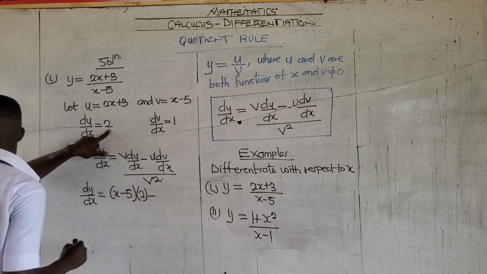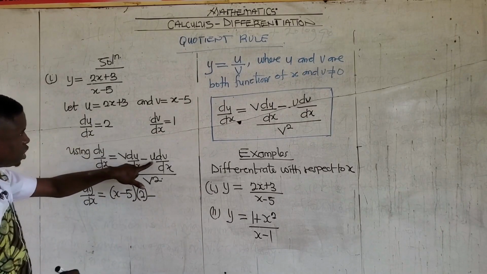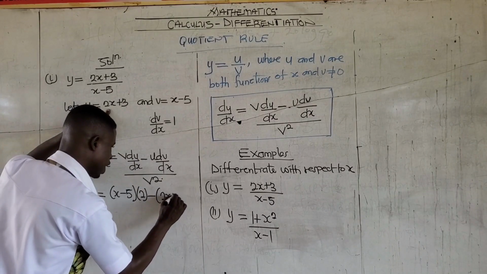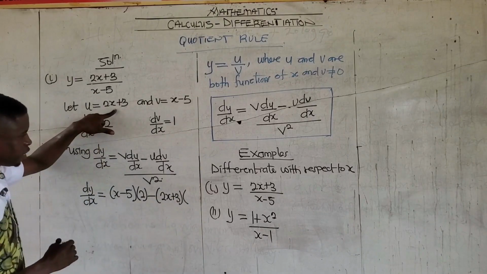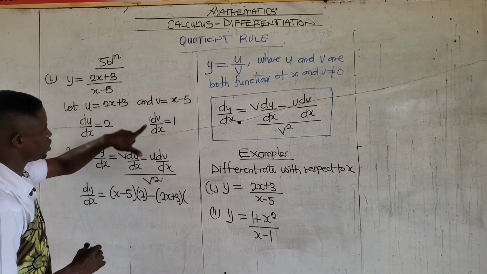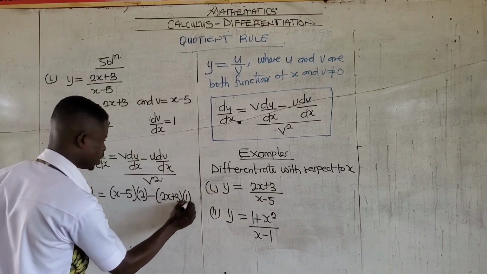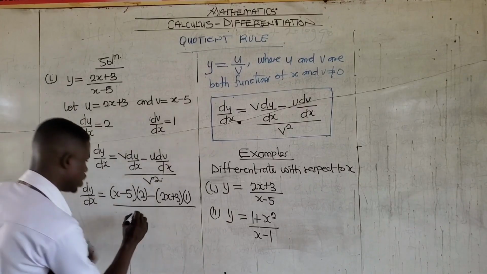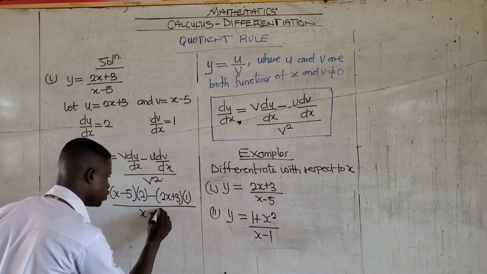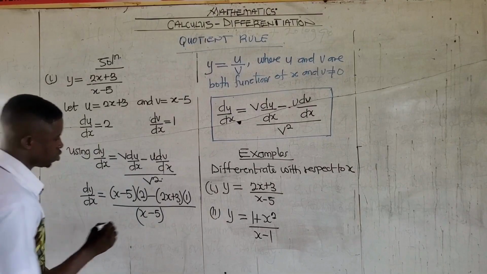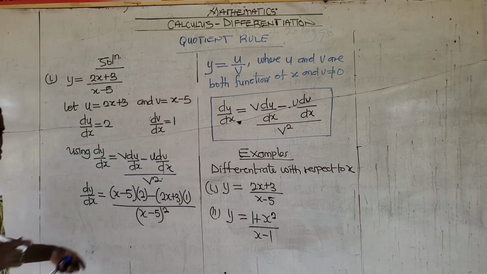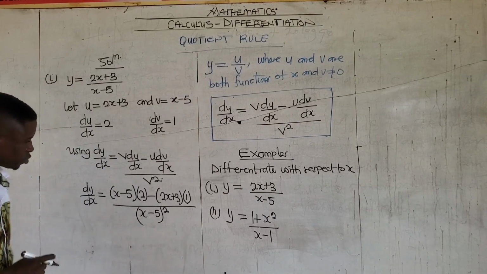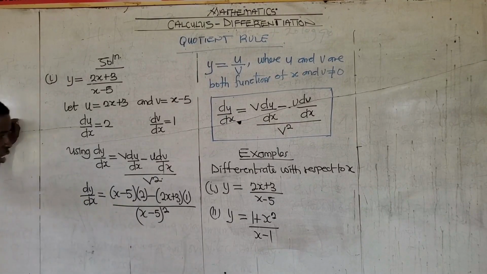Good. Minus the next one, u, which is 2x plus 3, multiplying dv over dx, which is 1. And this is all divided by the square of v, x minus 5 all raised to the power 2. Don't waste your time expanding the denominator. So now we simplify the numerator.